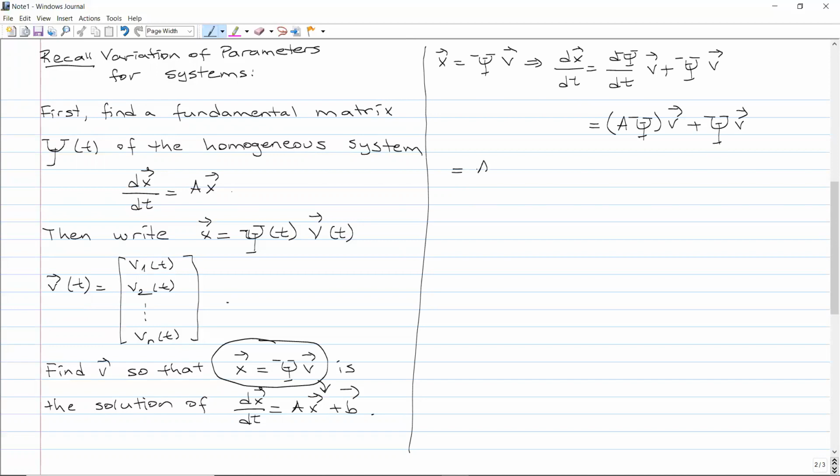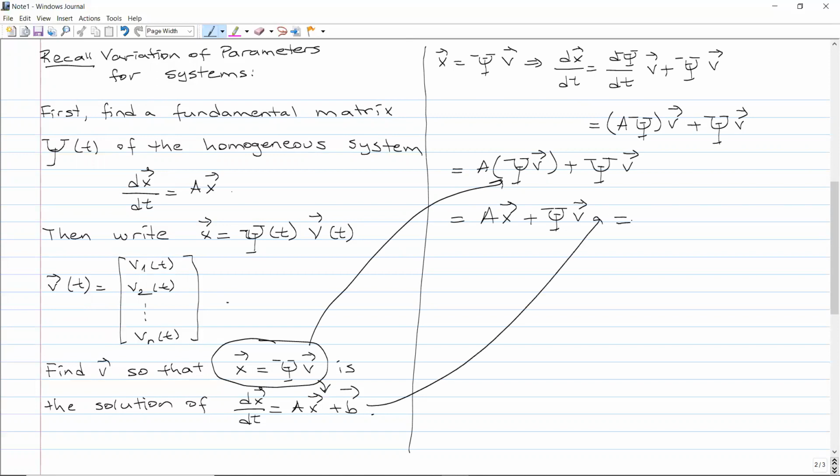We regroup the terms; the order of multiplication is not important. The matrix Φ times v is what we called x, and we want this to be equal to Ax plus b.